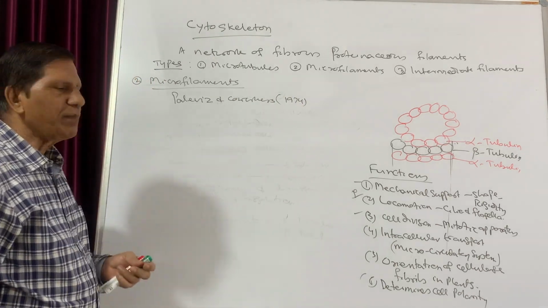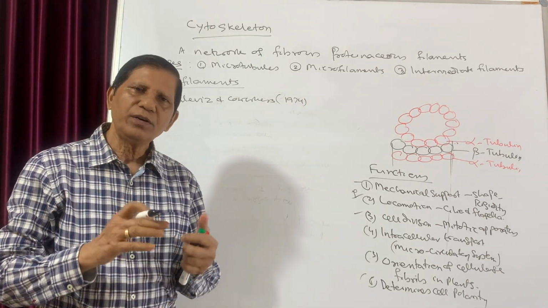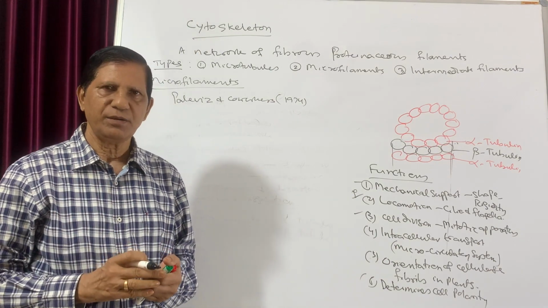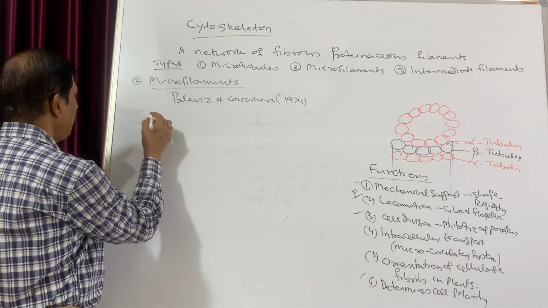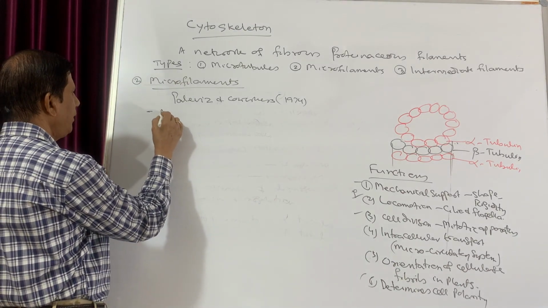Usually the microfilaments are present in almost all eukaryotic cells, but absent in the prokaryotes.